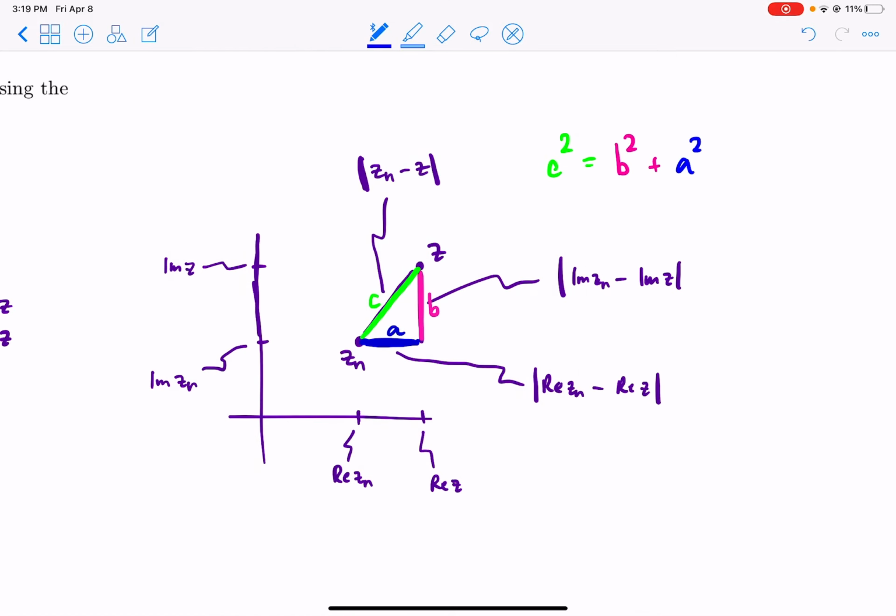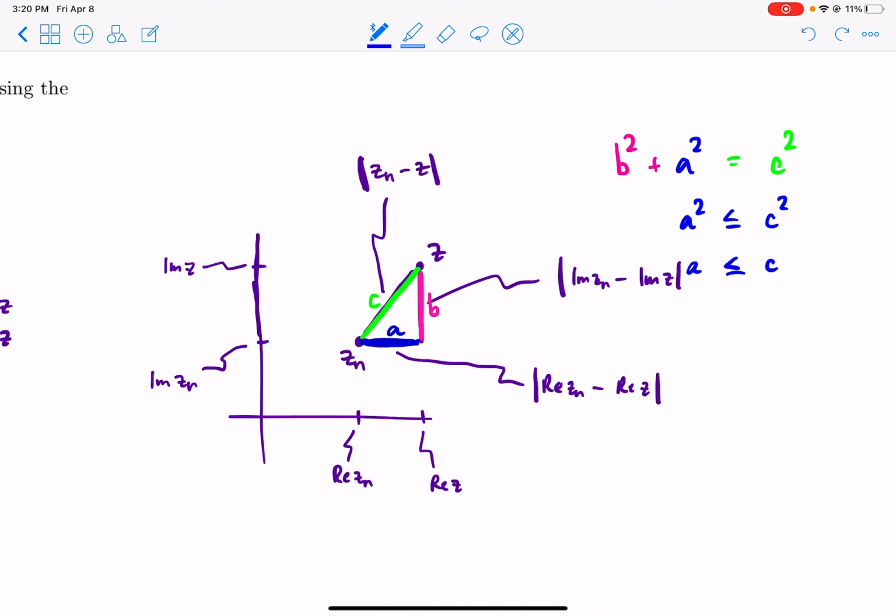In particular, that means that a squared is less than or equal to c squared, and that a is less than or equal to c, which is pretty obvious from this picture: this bottom piece is always going to be less than or equal to the length of this hypotenuse.